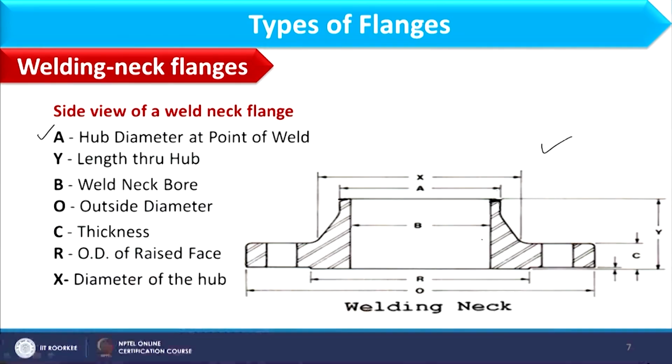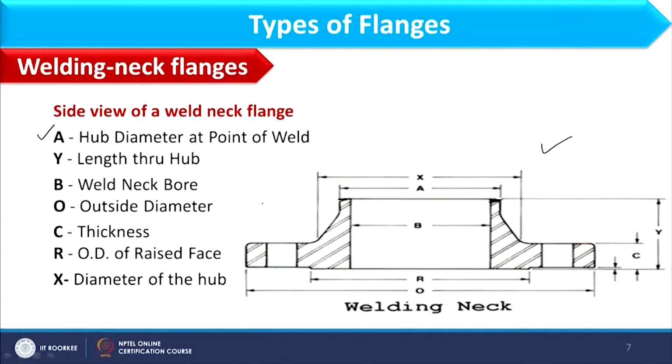Bore diameters are basically based on how it is connected. For example, if I am considering slip on, the bore diameter will be equal or slightly greater than the outer diameter of the pipe, and if it is connected at the mouth of the pipe, the bore diameter will be equal to the inner diameter of the pipe. Next I am having O, which is basically the outermost diameter of the flange.